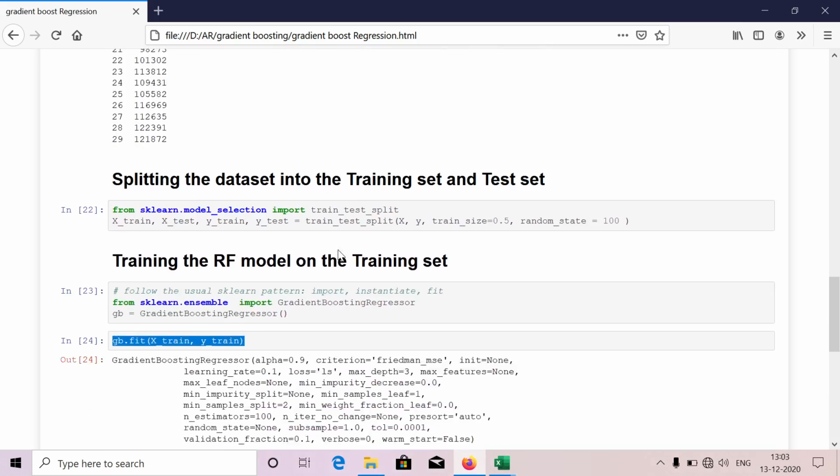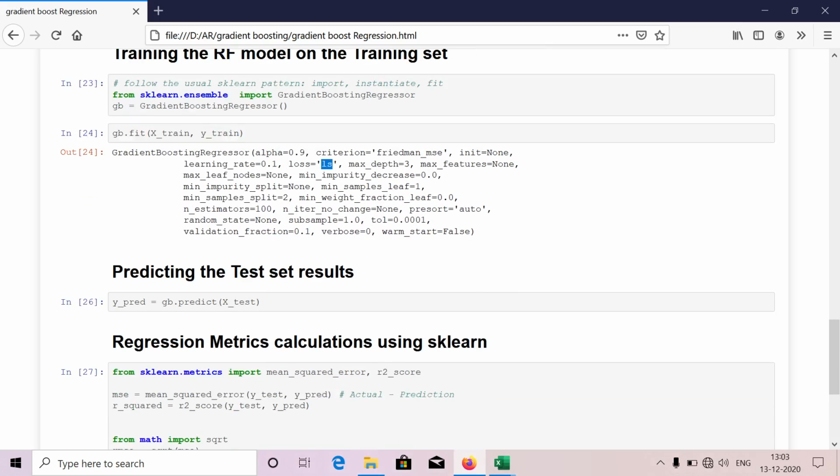Here mainly we are using the loss function in each and every iteration. We are calculating the loss function, and we are trying to reduce our loss function in each and every iteration. That's why these are the main parameters: the learning rate as we discussed in the initial calculation, and also the MSE, mean square error, we are calculating in each and every iteration, and based on that we go on to further iterations.